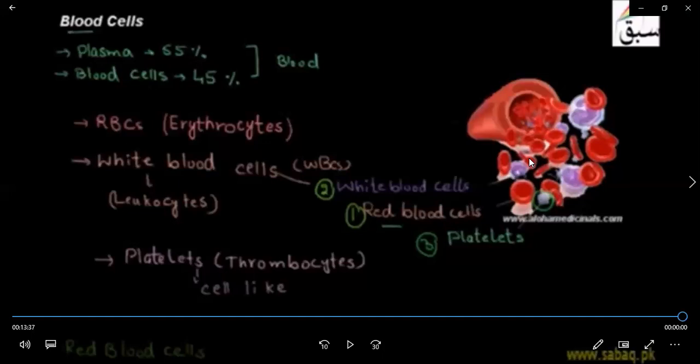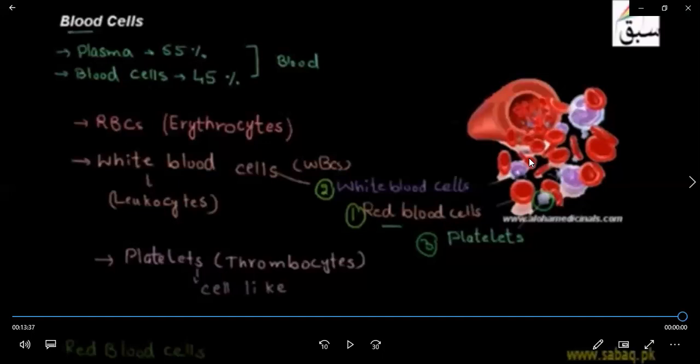In that bone marrow, some stem cells are produced, and those stem cells further produce the RBC, WBC, and platelets. Now, they all have a specific lifespan. Here we talk about only RBCs in this lecture. RBCs, that is red blood cells, have a lifespan of 120 days, and after these 120 days are over, they are killed by the cells of the liver and spleen by the process of phagocytosis.